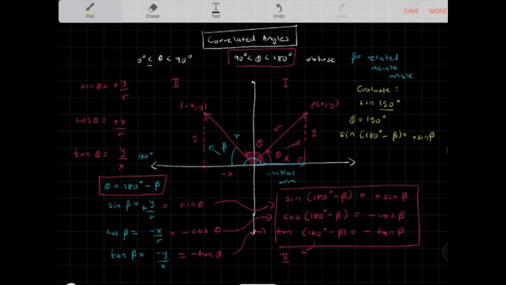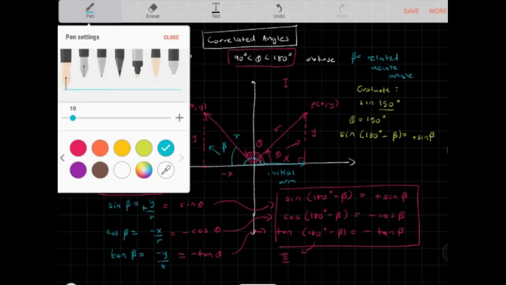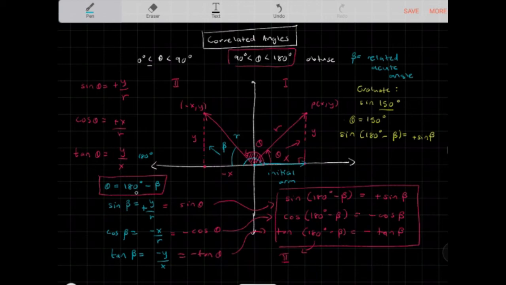And if we plug this in, we understand that theta here is equal to 180 minus beta. So in this case, theta should be equal to 150. So all of this should be equal to 150. And if theta here is 150, then 180 minus beta should be equal to 150. Beta should be equal to 30 degrees.